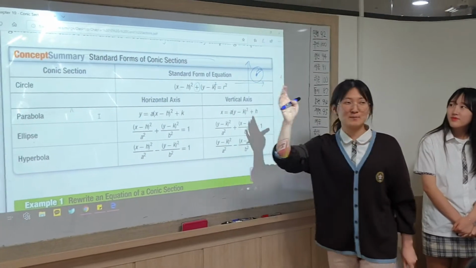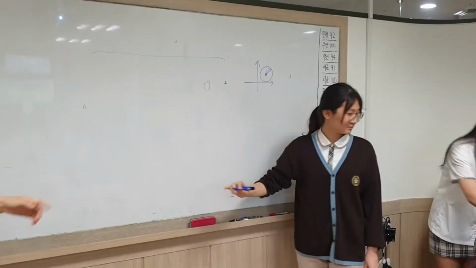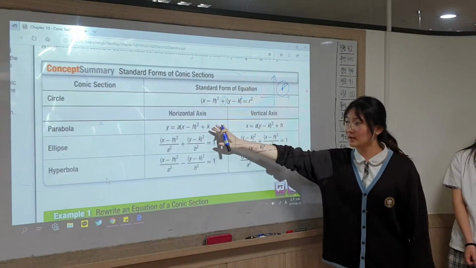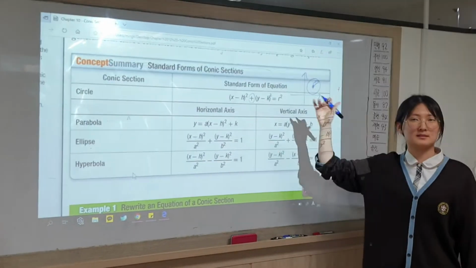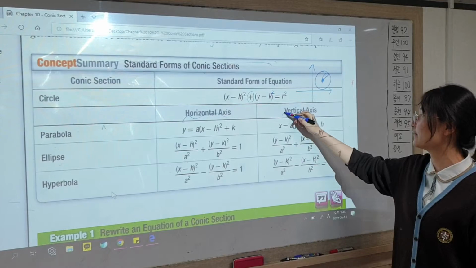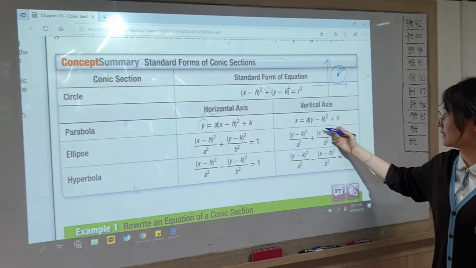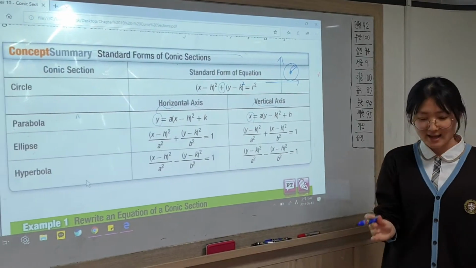And if we go to parabola, ellipse, and hyperbola, it divides into two parts, which is horizontal axis and vertical axis. Horizontal is all about y, and vertical axis is always going to be all about the x.